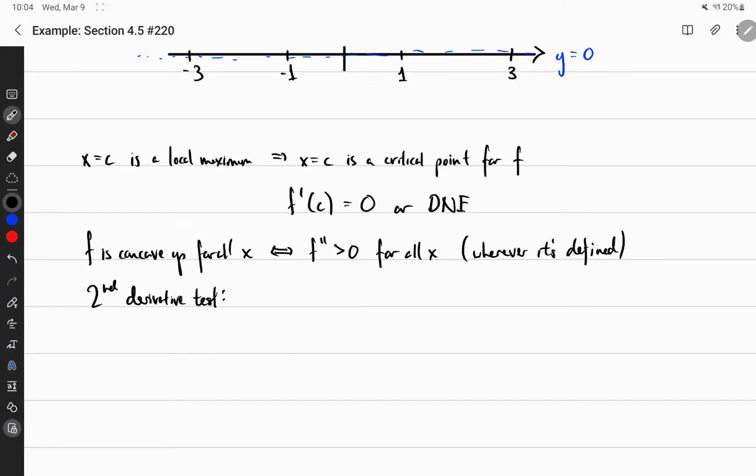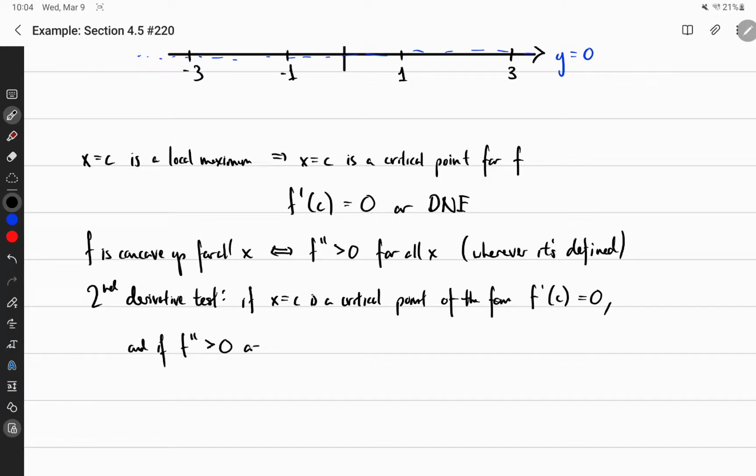The second derivative test says that if x equals c is a critical point, and if it happens to be of the form f prime of c equal to 0, and if the second derivative is positive at x equals c, in other words, if the graph is concave up at x equals c, then what does it tell us?